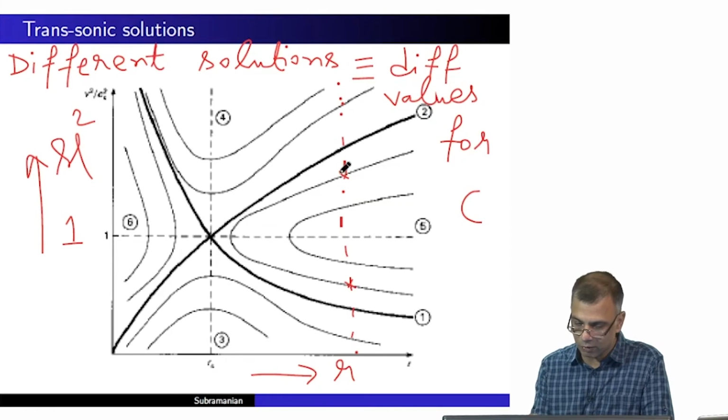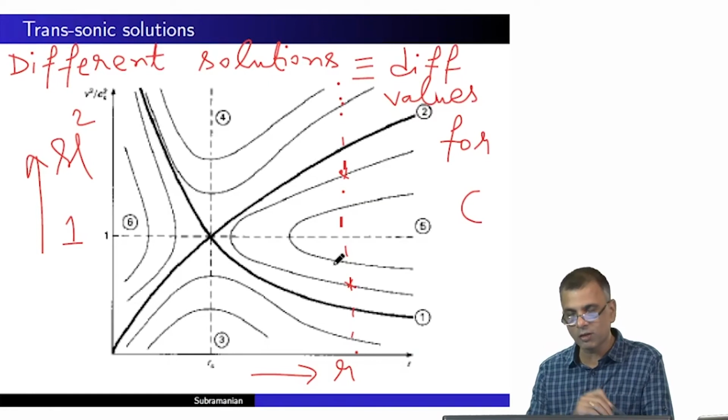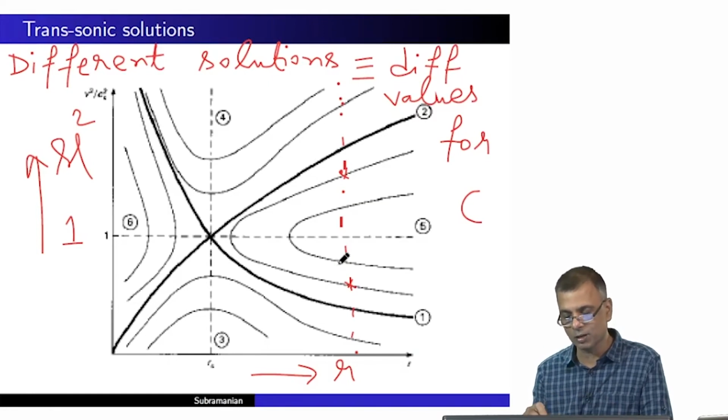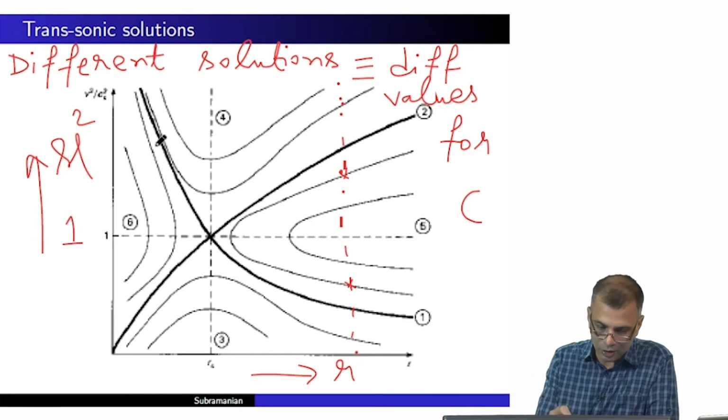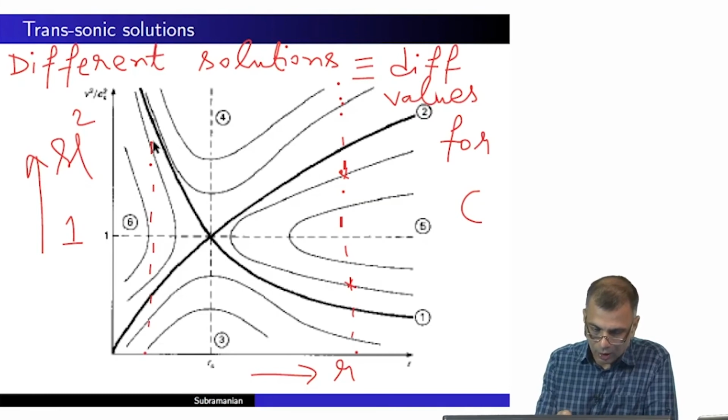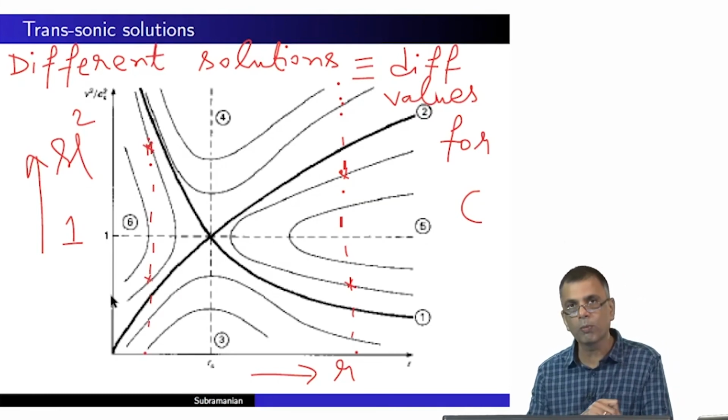Suppose I was on this outer curve. Solution 5 predicts 2 different values of the Mach number. The solution is double valued. Same with solution 6. I draw a little line, and it intersects solution 6 at two points.